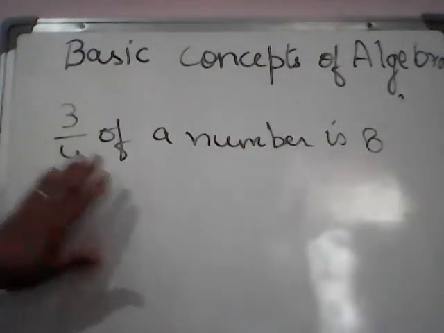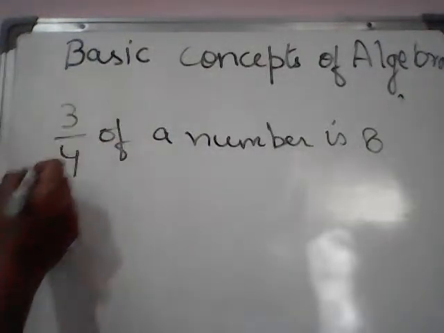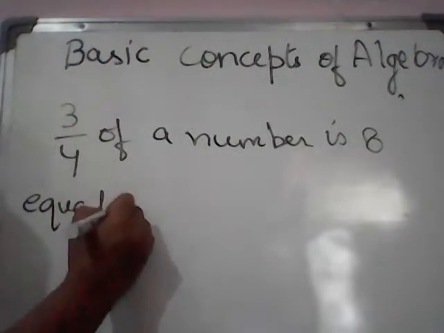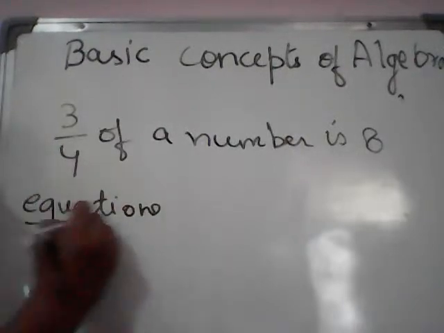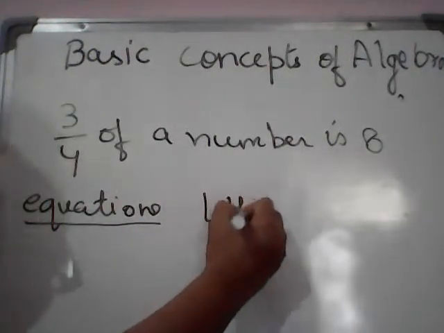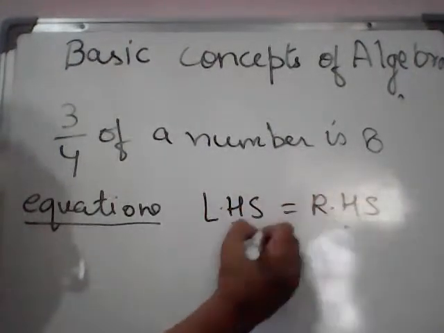First of all, we will form one side. In equations, we have two sides. Let us talk about equations first. As I told you, we have an equal to sign, which means we have two sides in an equation, that is left-hand side and right-hand side. So both the sides are equal.